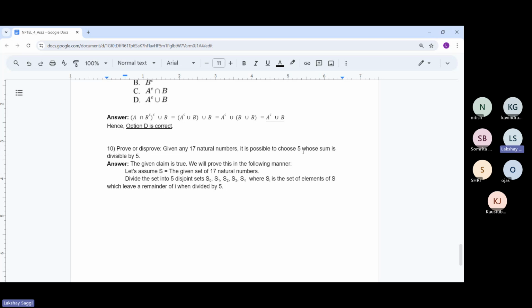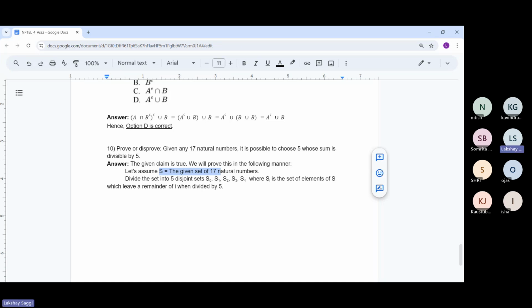The divisor is 5, so the remainder will be between 0 and 4. So what I'm claiming is, in these 17 natural numbers, we take the first number. If it is divisible by 5, we put it in S0. If it leaves a remainder of 1, we put it in S1, then S2, S3, S4, and so on.